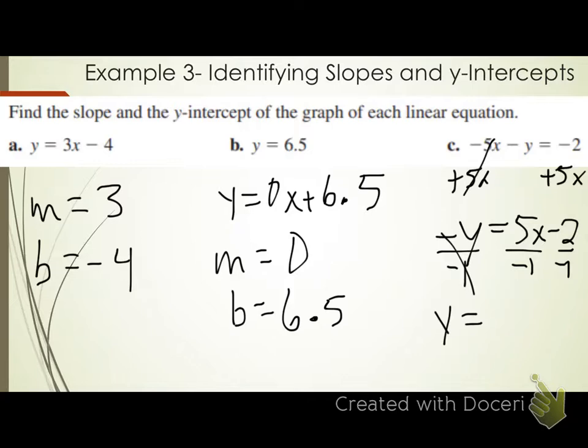Positive 5x divided by negative 1 turns to negative 5x. Negative 2 divided by negative 1 turns into positive 2. Is this now in slope-intercept form? Yes, it is. The y is isolated by itself. So now, what is my slope? Negative 5. What's my y-intercept? 2. Any questions there? No.